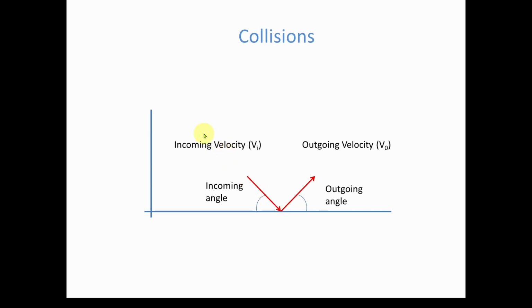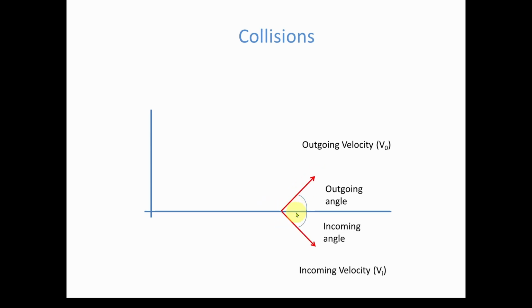So the incoming velocity might be 10 feet per second, but the outgoing is going to be zero. So depending on the object, it's going to have a different amount of bounciness. A nice bouncy rubber ball is going to have an incoming velocity and outgoing velocity that are about the same. So we're going to have to figure out what's the incoming velocity so we can determine, is that going to be the same or different from the outgoing velocity?